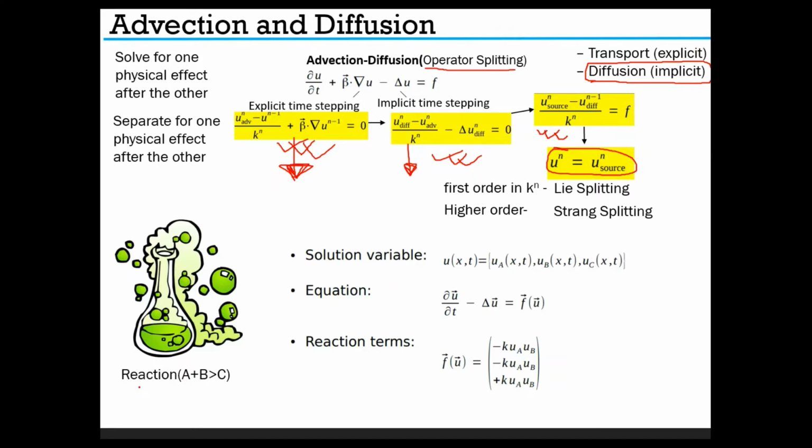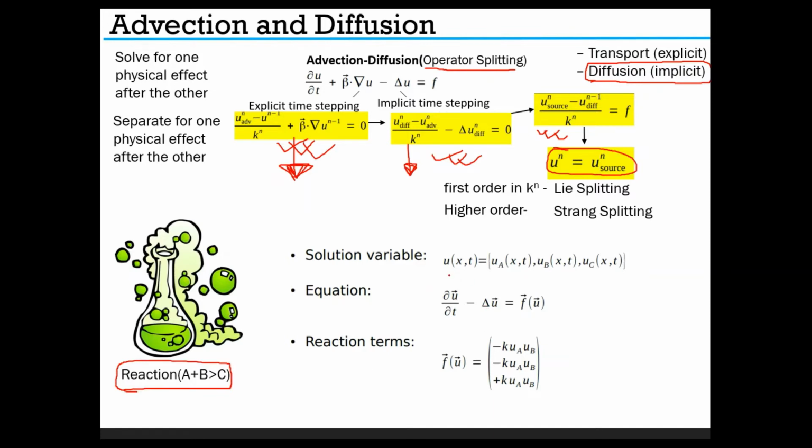Maybe there could be various types of examples, like the dust roaming around in our air, that can be an example of advection and diffusion, or the reaction, for example hydrogen and oxygen, while reacting with each other, it will also diffuse.